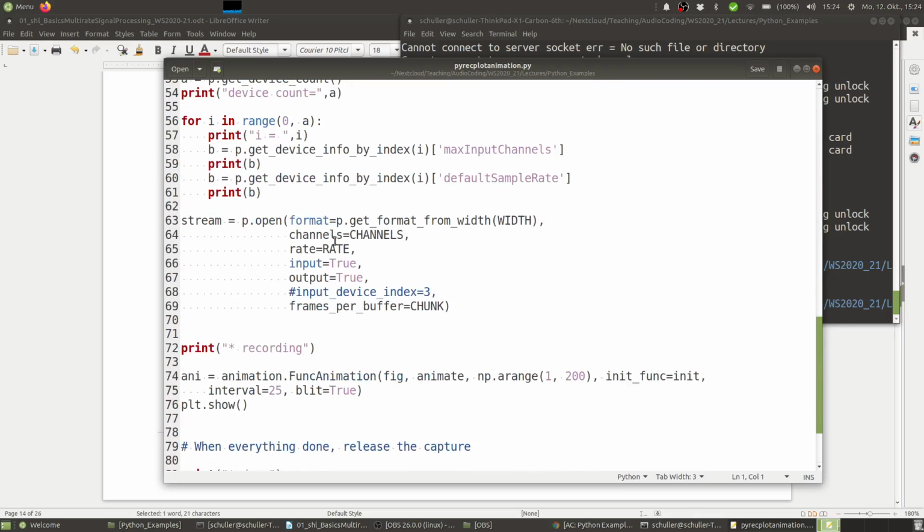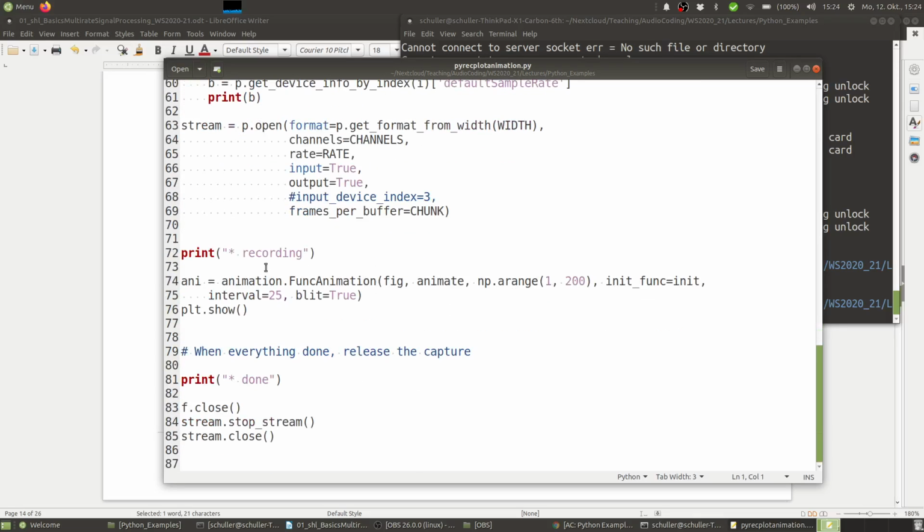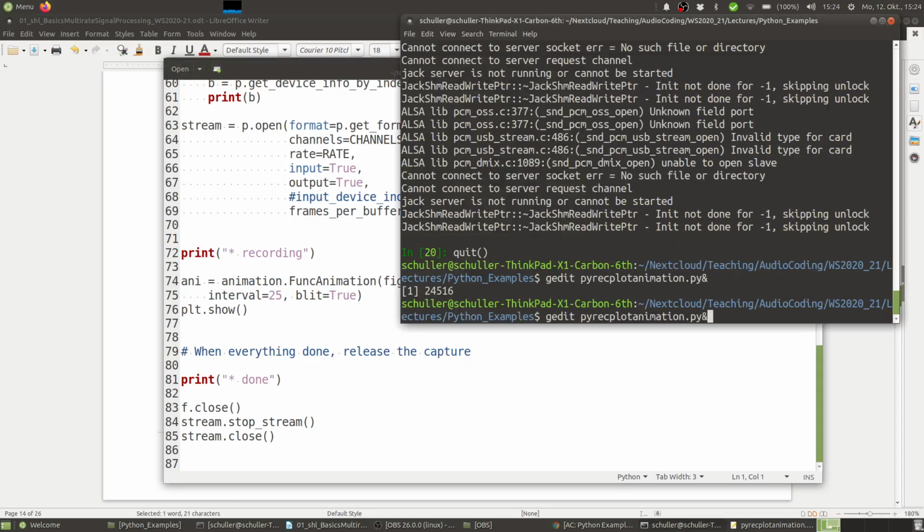Yeah, so here it initializes the sound card with the desired values. And here it actually does the animation. So here it calls the function animation to do the live plot of our microphone signal. So I can now let it run using Python 3.